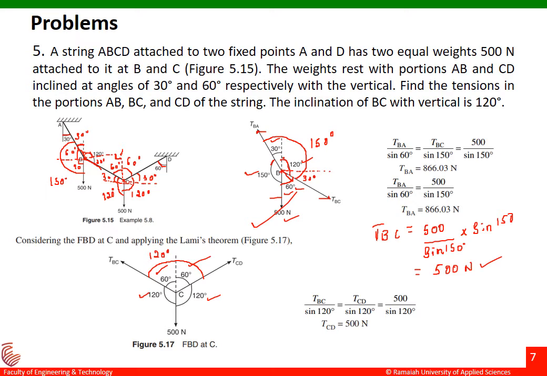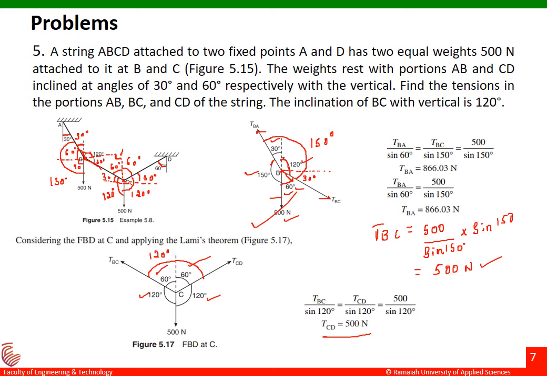Now we found out the angle made by the forces. Let us apply the Lami's theorem in order to get the forces in TBC and then TCD. So in the previous step, we found out the answer for TBC. We don't have to find it once again here. So let us find out the last unknown, that is TCD. So TCD is given by the expression that is 500 divided by sine 120 degrees into sine 120 degrees.